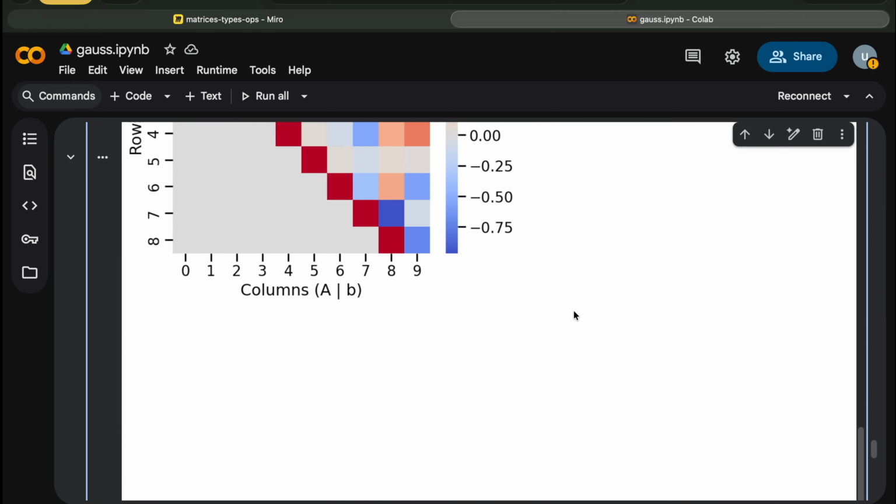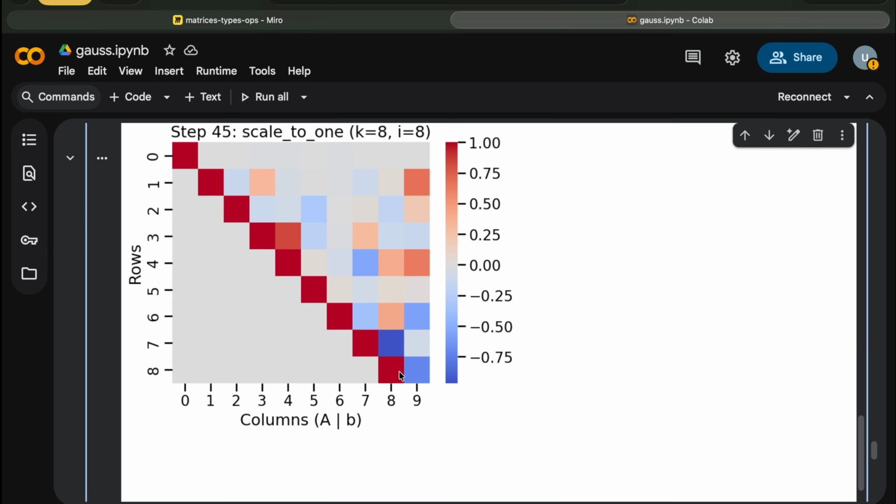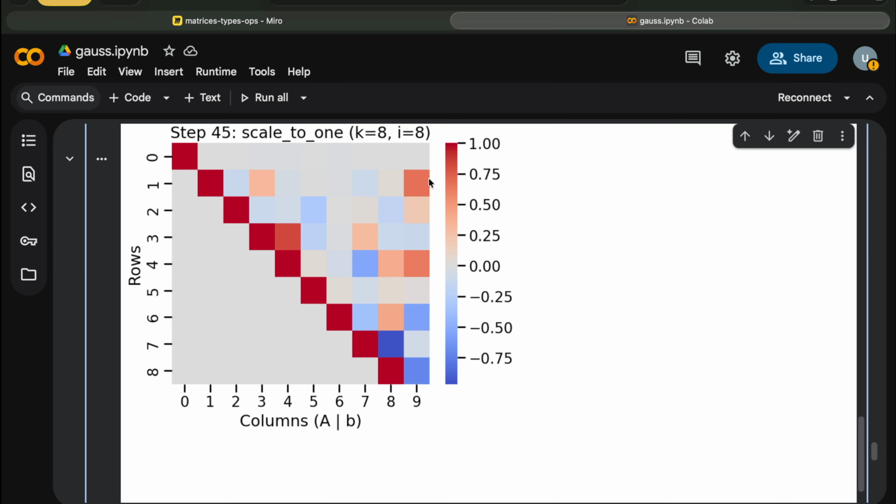If you look at the last step, you can see that all the elements are now on the diagonal, like the upper triangular matrix we expected in the Gauss elimination form, and these are the answers for each of the coefficients.